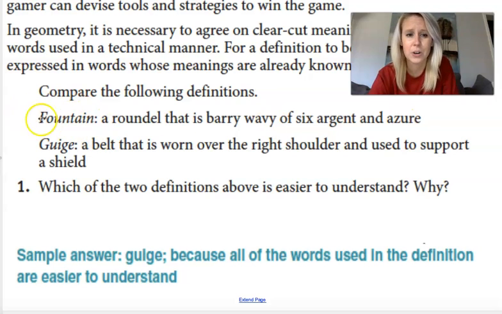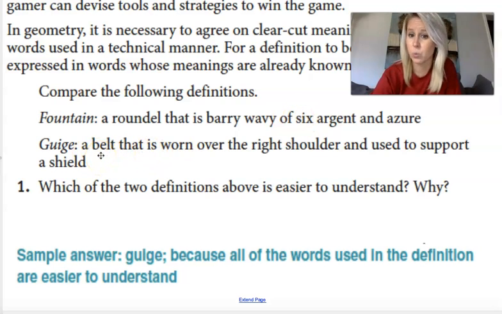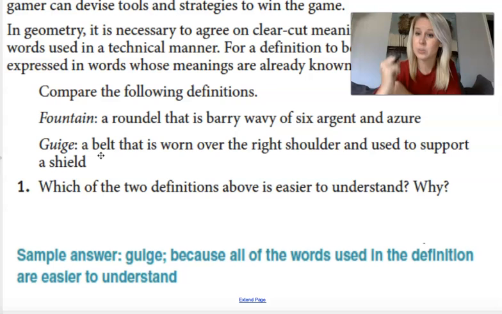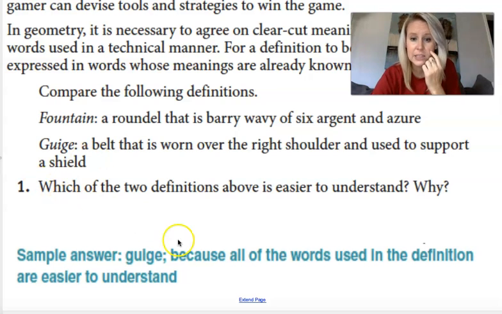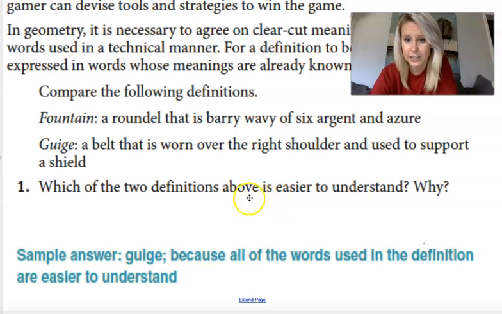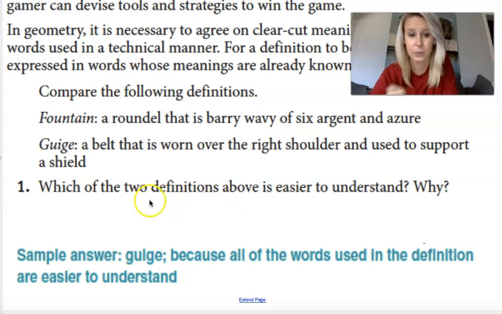So just because we know the word a fountain doesn't mean I can understand what it is based off that. However, I can understand a belt that is worn over the right shoulder used to support a shield. So basically, if the words in the definition are easier to understand, that's going to make the definition way easier. Okay? Moving on.